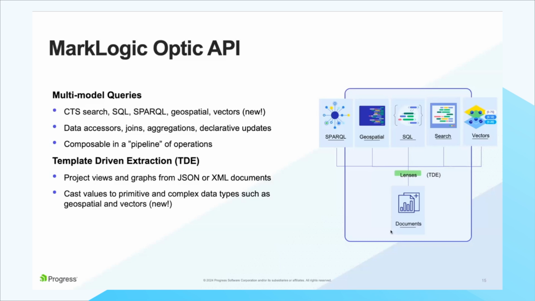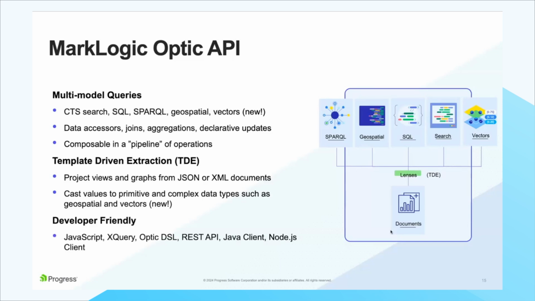You can cast the values that you project out of the documents using a rich language for selecting the data and casting those values into primitive or complex data types, such as geospatial or, in MarkLogic 12, vectors.